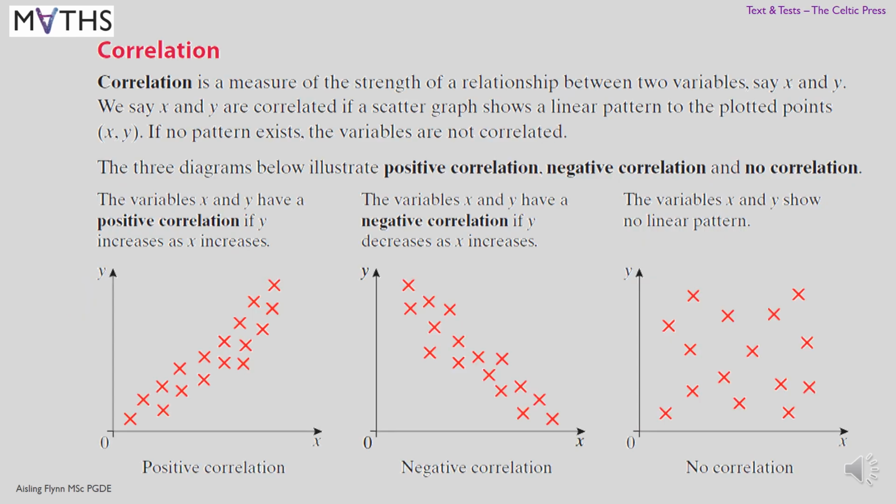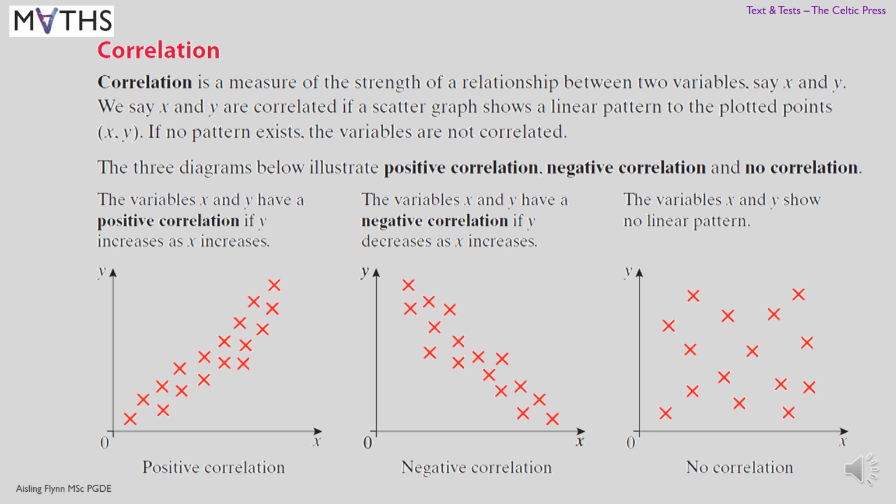Now, correlation. Correlation is used in studying those relationships between the two variables. So correlation is a measure of the strength of a relationship between two variables, say x and y. We say x and y are correlated if a scatter graph or scatter plot shows a linear pattern to the plotted points x, y.